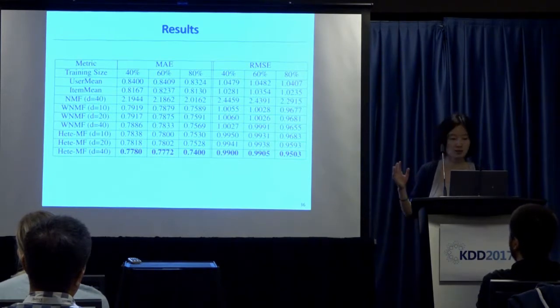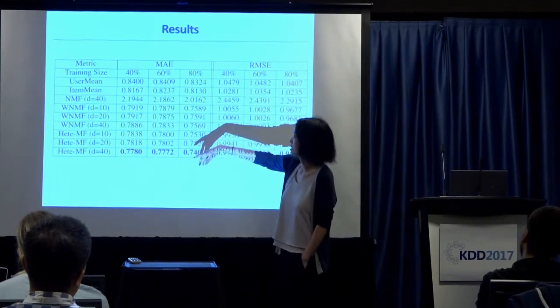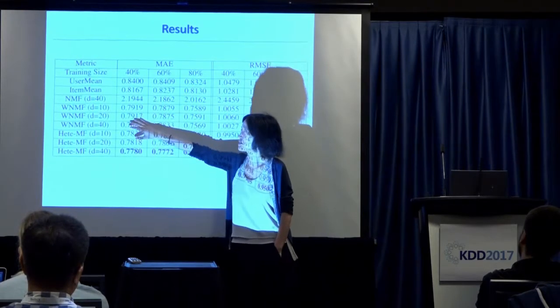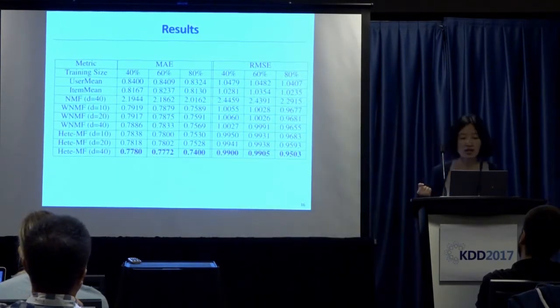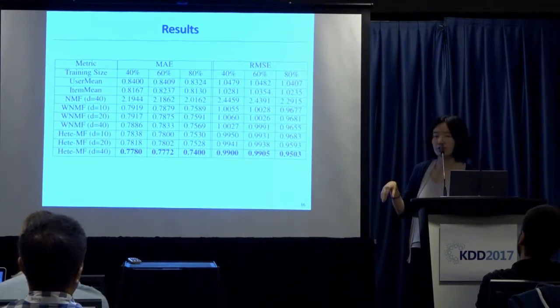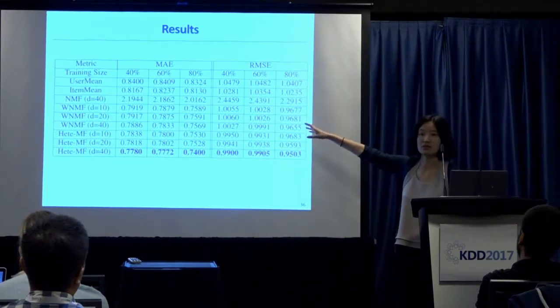It turns out that if we just use the user-item matrix, that is the performance. But if we combine the different types of meta-path into the graph regularization part, our performance will be much better than those existing methods.